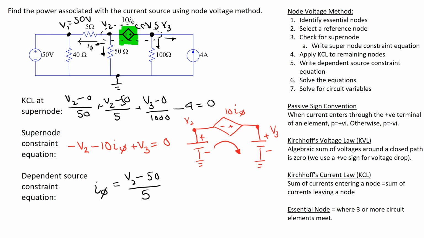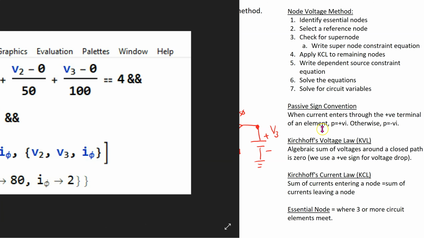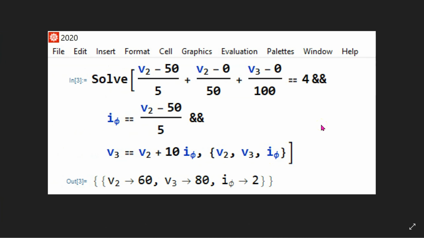So we can see that here we have 3 unknown variables, V2, V3 and I phi, and 3 equations, and we can solve these equations using any known method. We can use Mathematica to solve these 3 equations, and using the solve command we can obtain the node voltages and I phi solution as shown here.